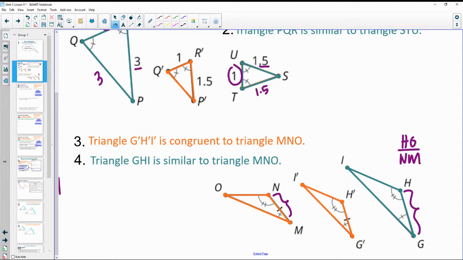Then that's going to land H on G. And then that bigger orange triangle, after we dilate it, is going to be the same size as this one because of the angle side angle. We're going to scale this side to be the exact same length as this one. So then they would be congruent by angle side angle. So there's going to be a set of rigid motions with dilations that moves this triangle onto that one.